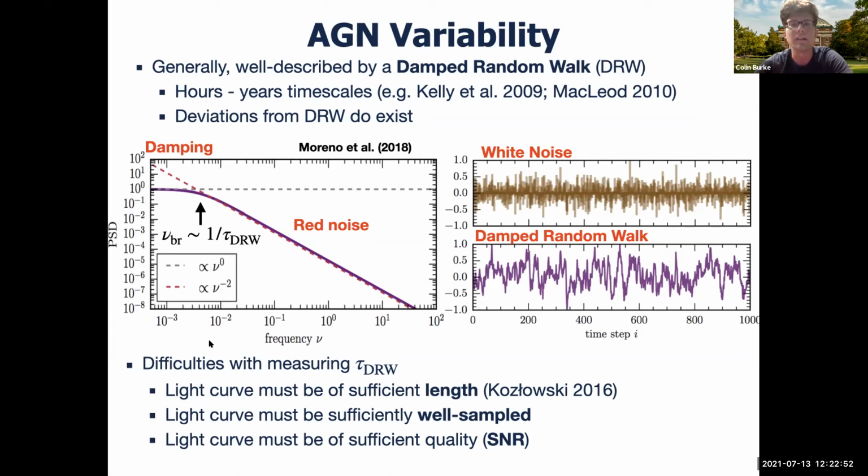That gives the characteristic variability that we see in AGN light curves, where they're approximately stationary over long observational periods.